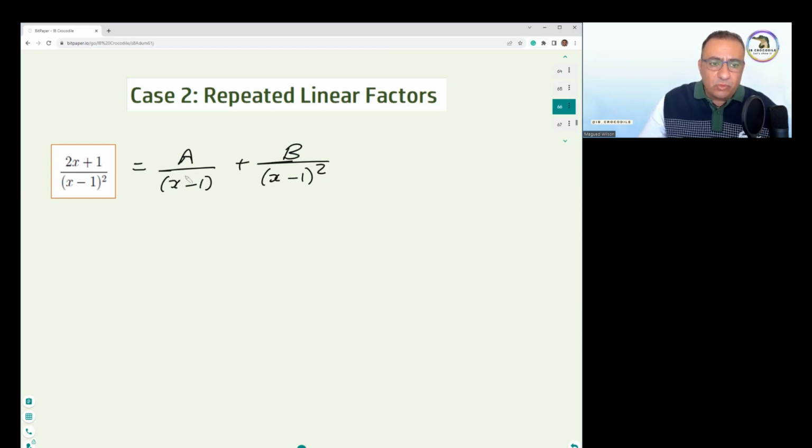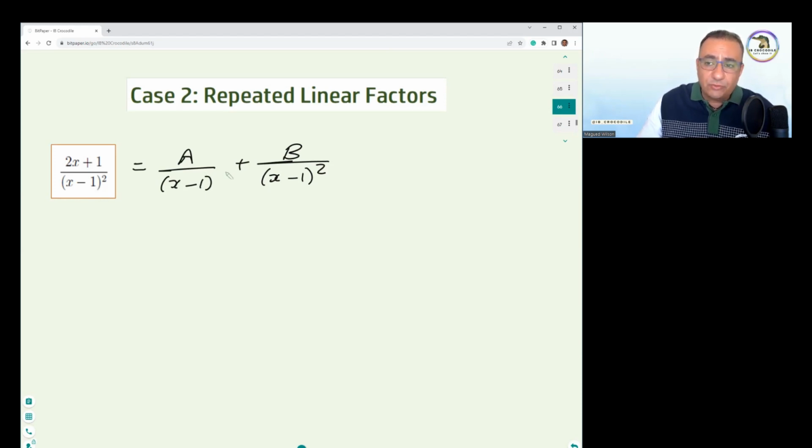But why do I have to add two of them? Because if you look at these two fractions and ask yourself what would be the common denominator between x minus 1 and x minus 1 to the power of 2, the common denominator would be x minus 1 to the power of 2. So that is my original function.